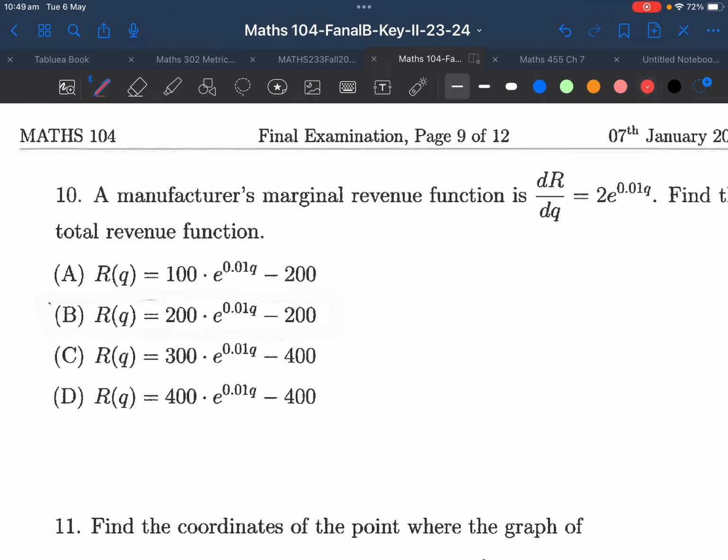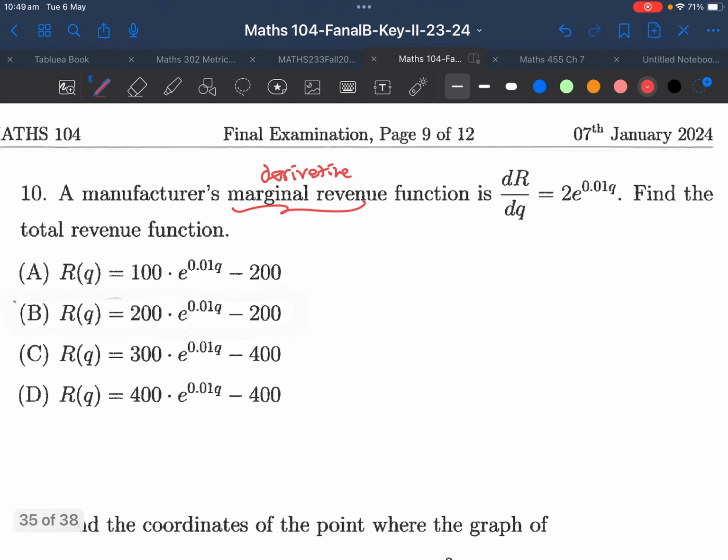Question number 10, we have the marginal revenue. Remember, when we see the word marginal revenue, we know that this is the derivative of this function. Find the total revenue. How to find the total revenue, which is R of Q? It will be the integral of the derivative. What is the integral of the derivative?